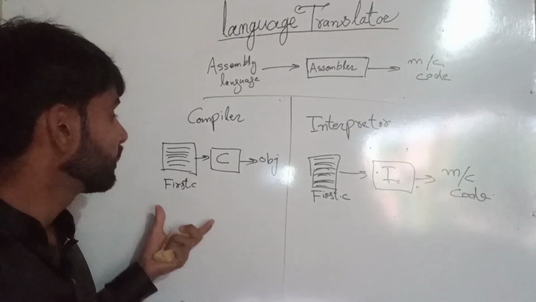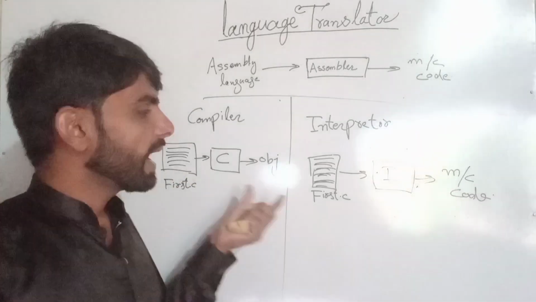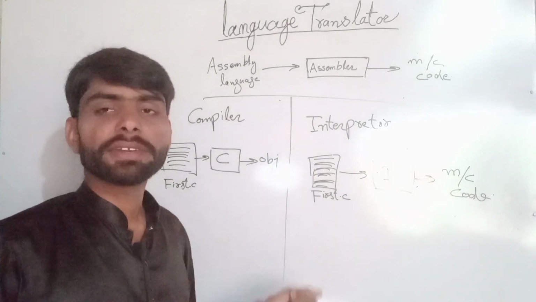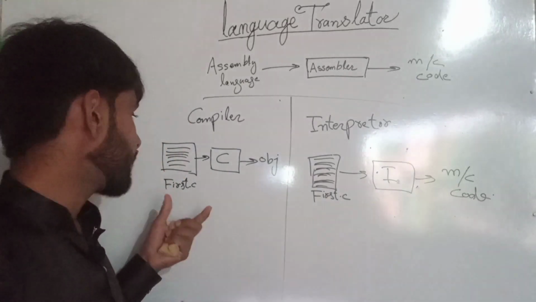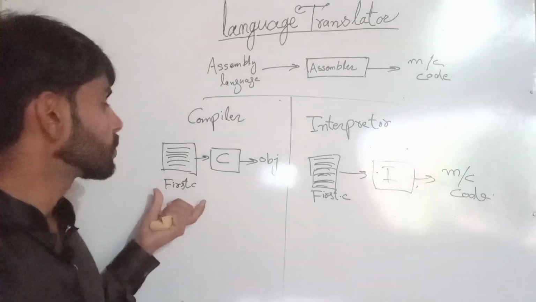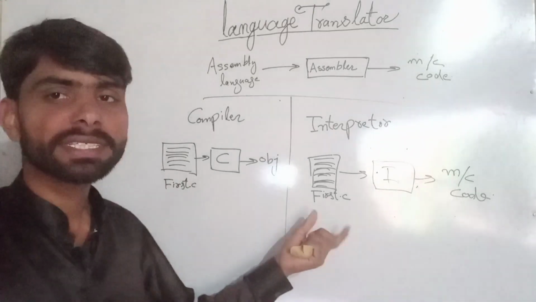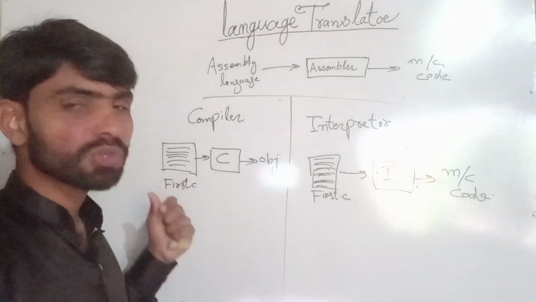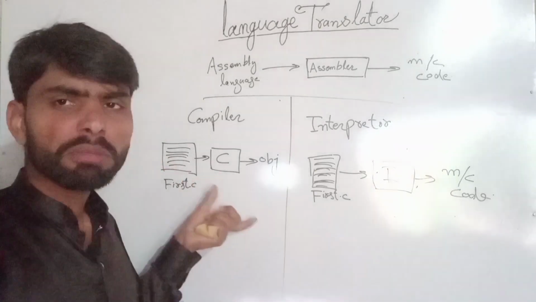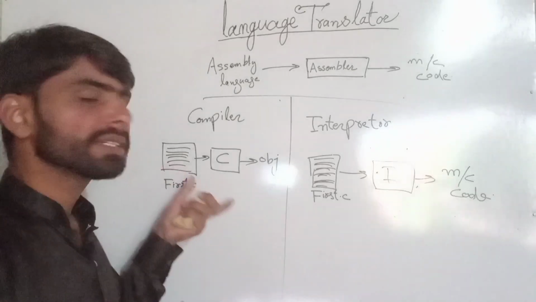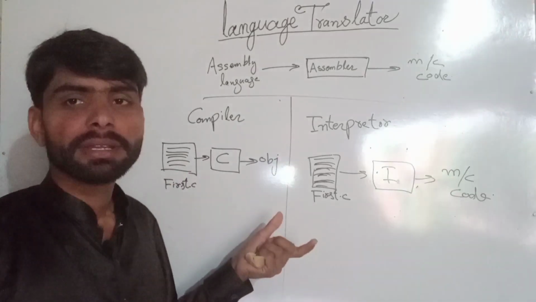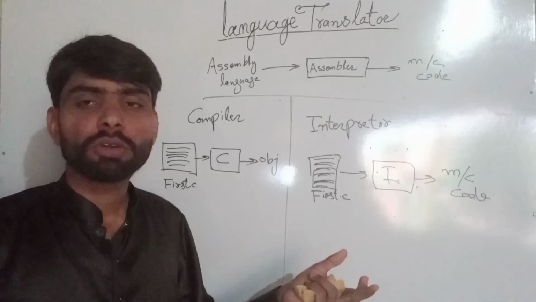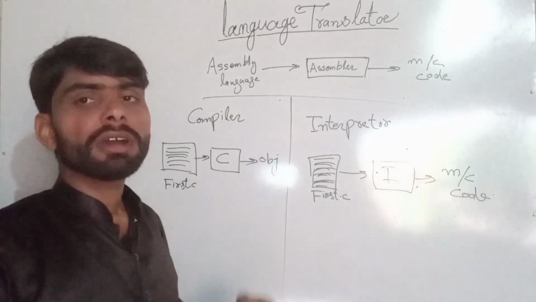The next difference is that here an object file is created and here an object file is not created. And the next difference is that the interpreter needs source code, while the compiled program doesn't need source code. When linking and loading are done, you can execute it every time, and by giving different input you will get different output.